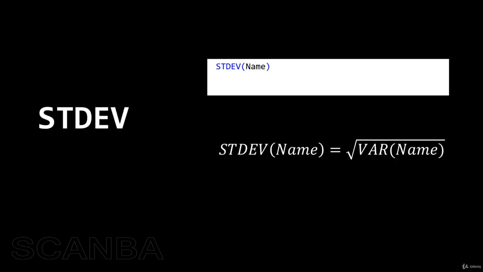In some sense, the stdev function is trying to predict the standard deviation of all possible values of the variable. Sometimes you will hear that stdev is biased and stdevp is an unbiased standard deviation estimator.